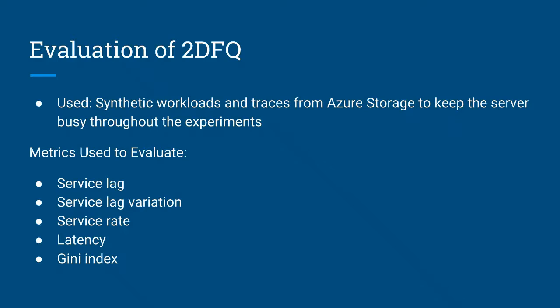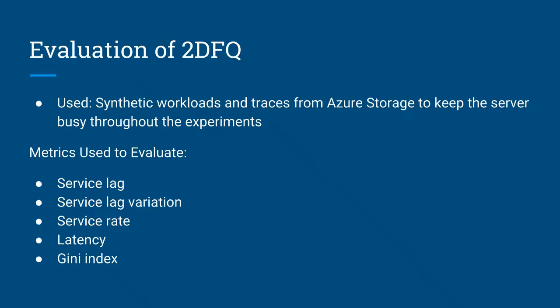And the service rate is the work done, measured in 100 millisecond intervals. And we have the latency, which is the time difference between the request being enqueued and finishing processing. We focus on the 99th percentile of the latency, unless otherwise noted.